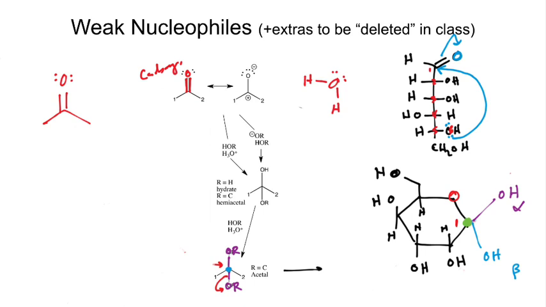Yes, the resonance structure drew attention to that chemistry. What were the chemistries? I had a negative oxygen and a positive carbon, which means if I run this under basic conditions, I'm taking a negative oxygen. What's that negative oxygen going to do? It's going to go to the positive carbon. Or I could run it under acidic conditions, and what is my hydrogen going to do? Go to that negative oxygen.